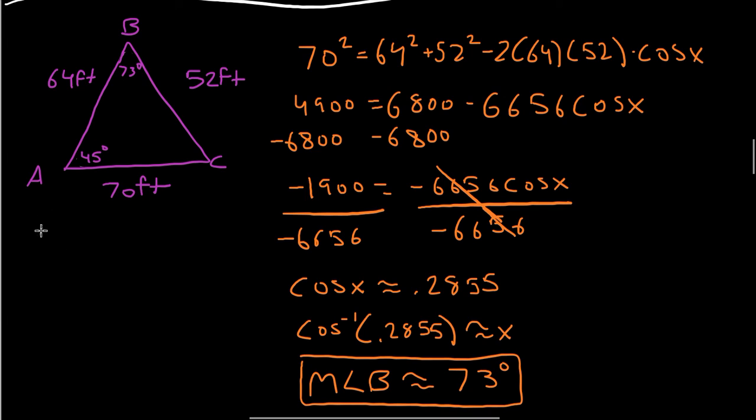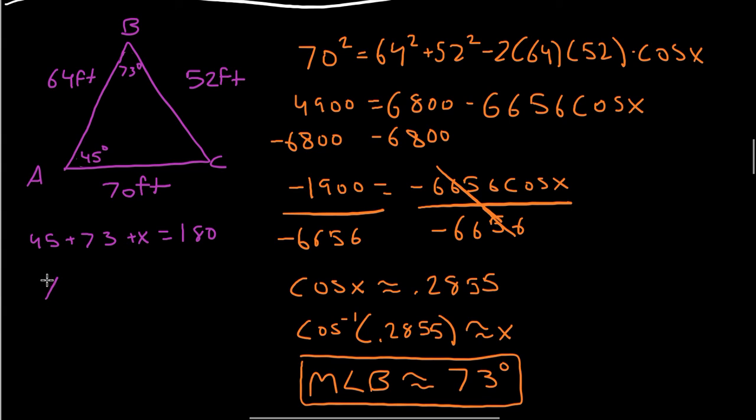Let's do this simple math real quick. We know that the sum of all angles in a triangle has to equal 180. So the measure of angle A plus the measure of angle B plus the measure of angle C has to equal 180. We already know the measures of angles A and B, so we can easily find C. So 45 plus 73 plus x, which is the measure of angle C, is equal to 180.